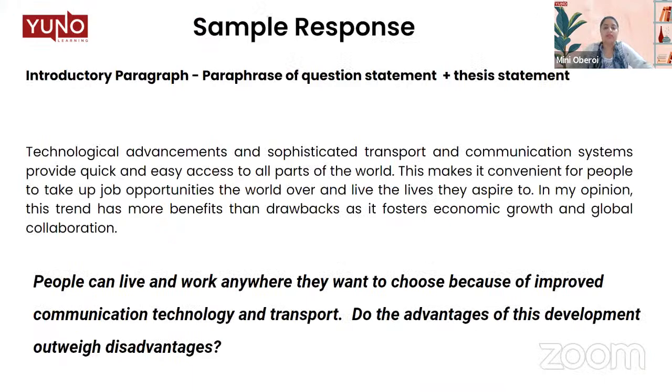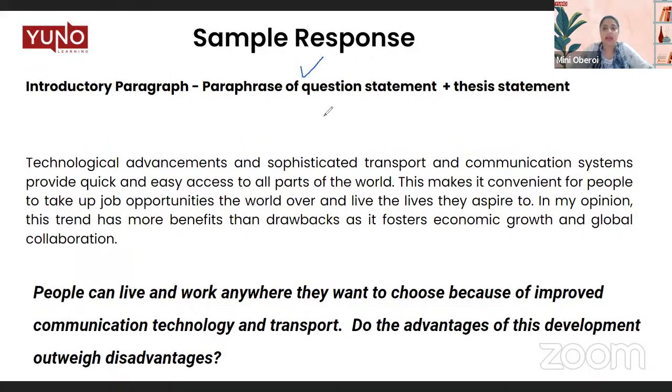So first of all, guys, we'll just simply try to use the basic math of putting together the paraphrased question statement and the thesis. People can live and work anywhere they want to choose because of improved communication technology and transport. This is my topic, which I just have to rephrase.